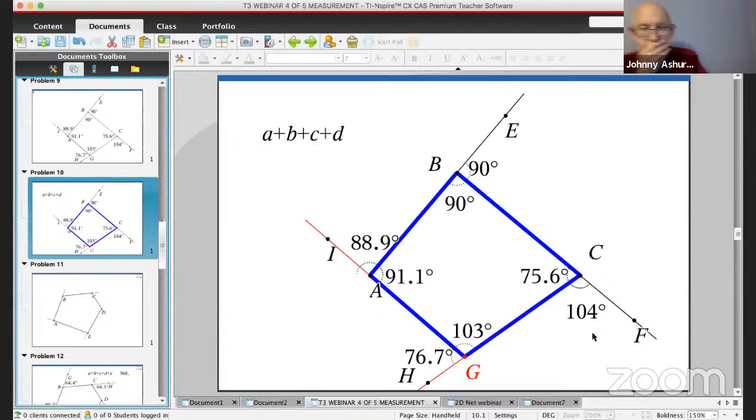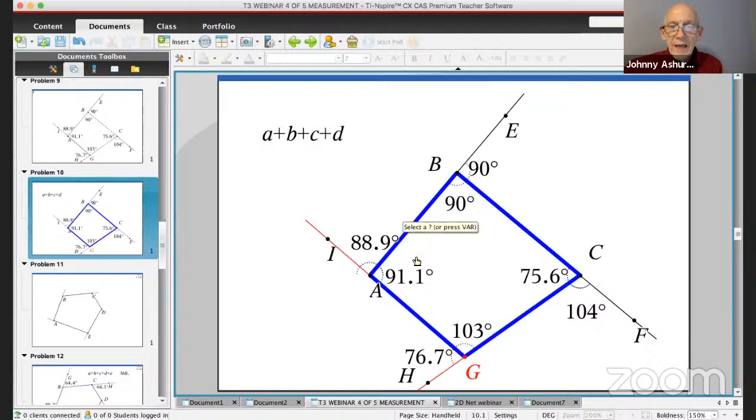Now, this surprised me. I wanted to quickly add the angles together, get a sum of the angles inside and those outside. So I've gone ahead and created a generic A plus B plus C plus D. Once again, we'll use that to calculate. And I'm going to calculate or total the interior angles.